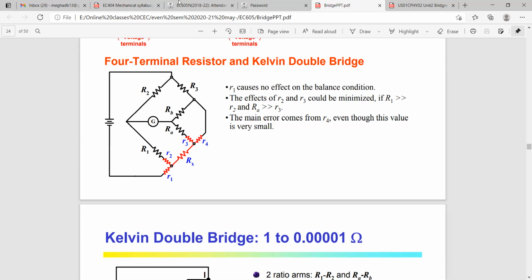Let me share my whiteboard so I can make you understand more easily. Suppose the Kelvin bridge is of resistance small r, which connects capital R, the unknown resistance, to the standard resistor S. So my circuit will be whatever I told you.